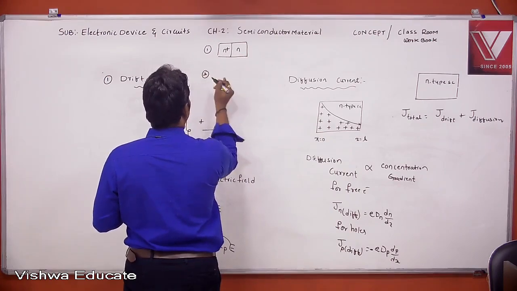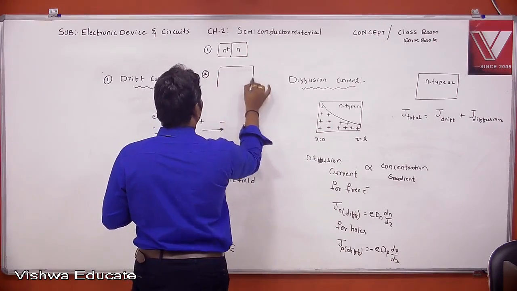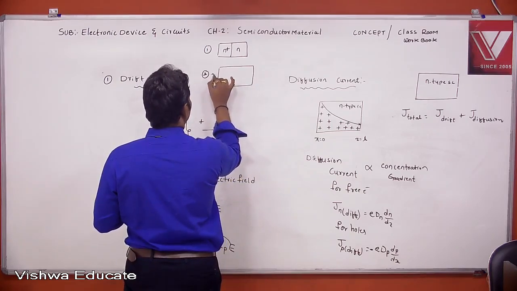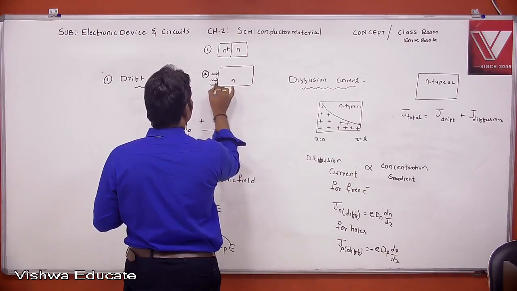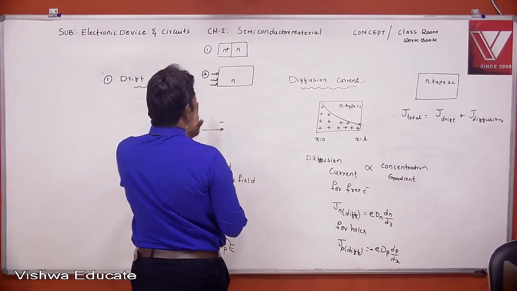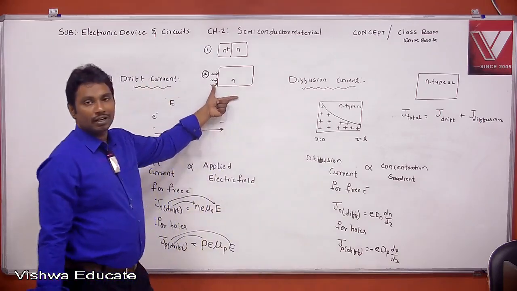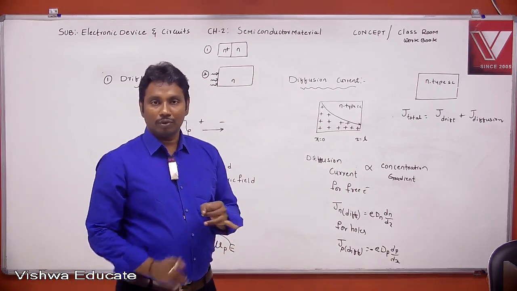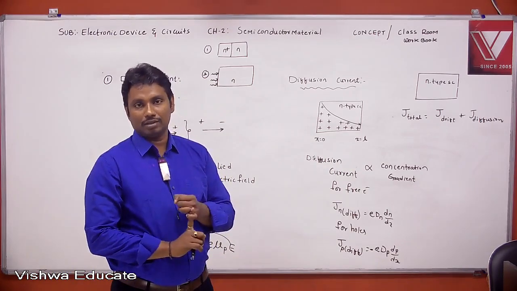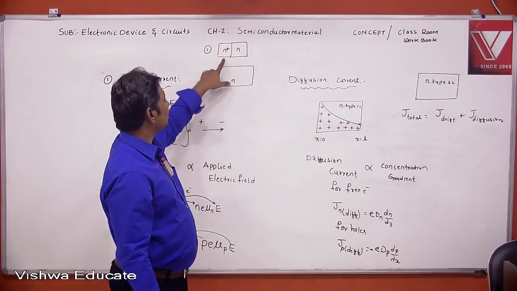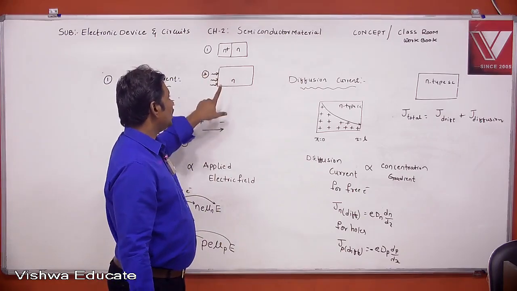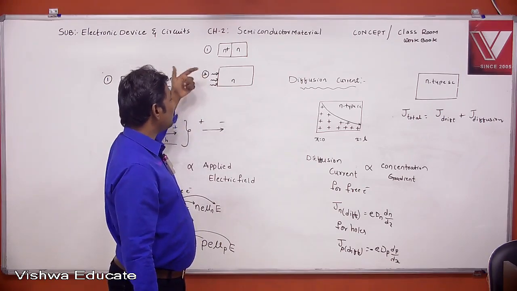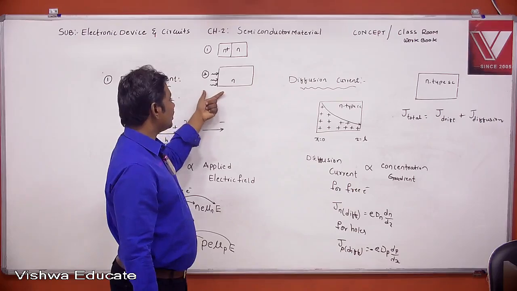And one more case is when charge carriers are injected into a semiconductor from one side by using the carrier injection method. In this case also, diffusion current can flow. So in a semiconductor, diffusion current can flow because of two cases: one, if the semiconductor is non-uniformly doped, and another, if charge carriers are injected into a semiconductor from one side, either this side or this side.